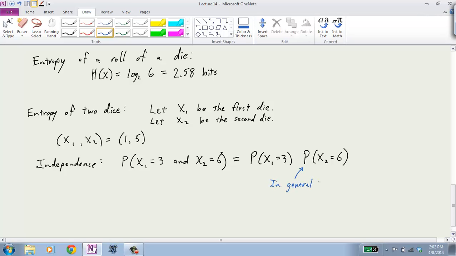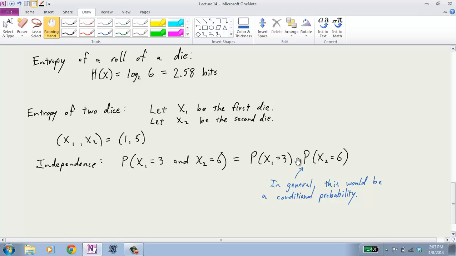In general, if you do not have independent events, you have them correlated somehow, then this second term would be a conditional probability. Now, this is not a class on probability, so we don't really have time to go in depth on this, but I will just comment that whenever you have 2 different random variables and maybe they're correlated, you can calculate the probability of a pair of things happening by looking first at the probability of one happening, okay?